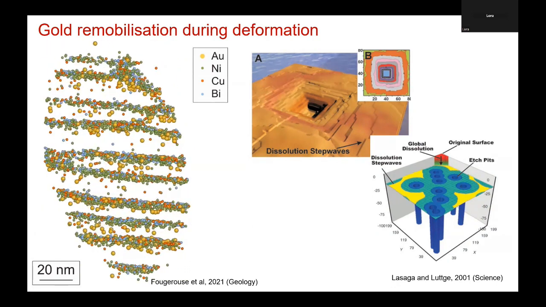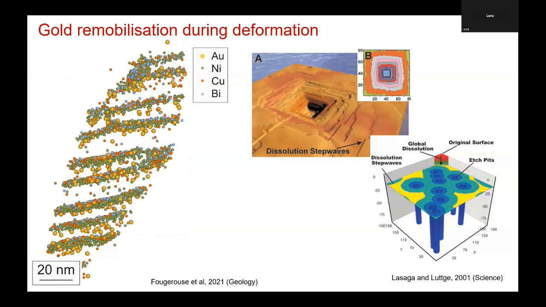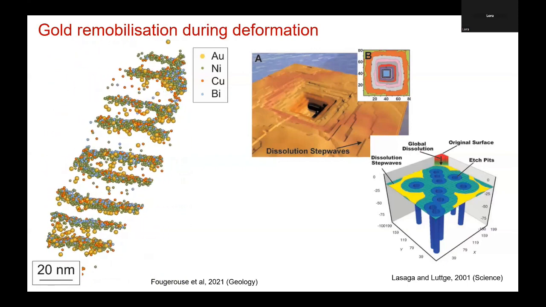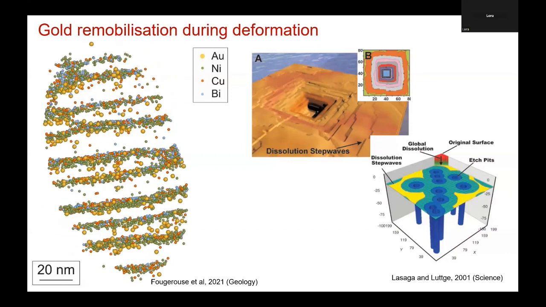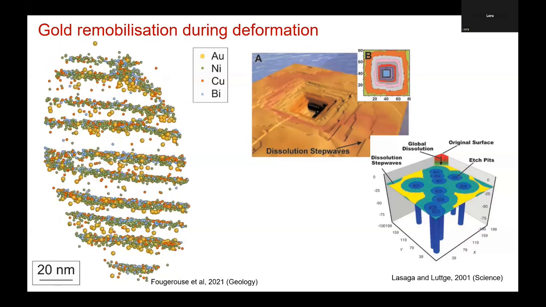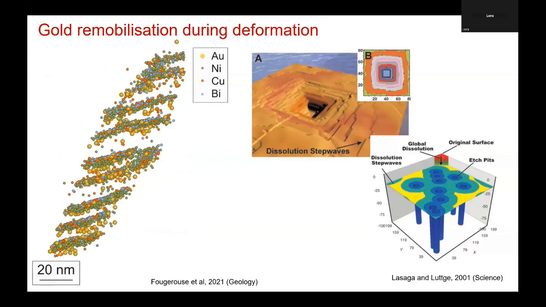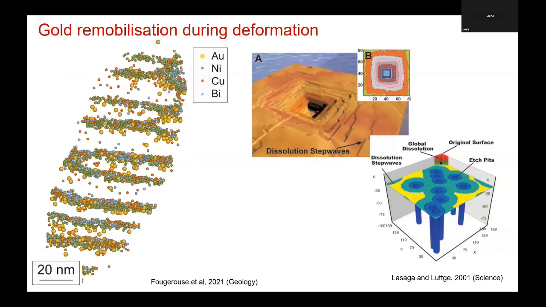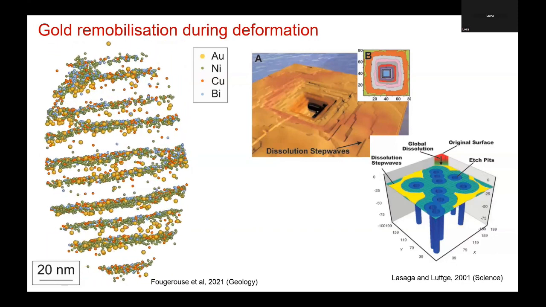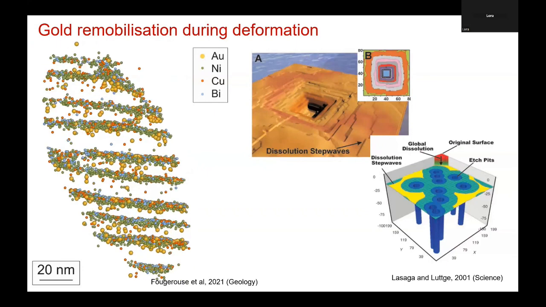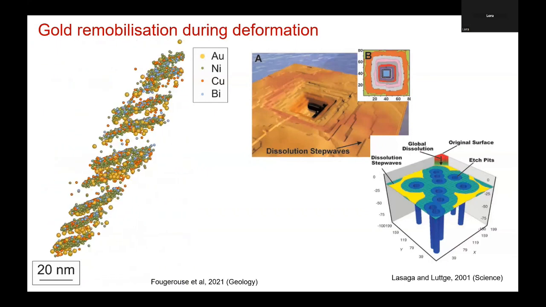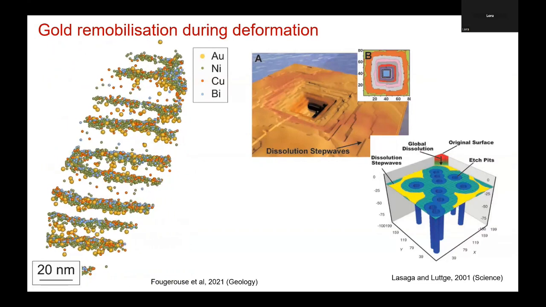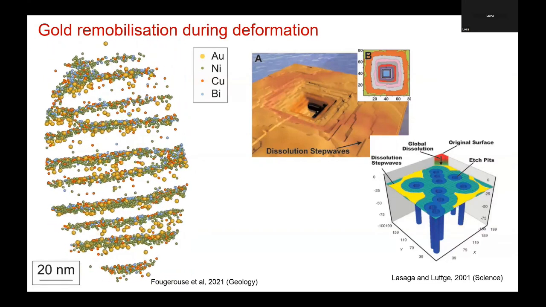It's been a while since we actually knew that dislocations dissolve faster than bulk minerals. This is a nice study by Lasaga and co, where they did some modeling and experiments, and they show that this pit there was where a dislocation was. And in an acidic solution, I think this was the case of calcite here, the rate of dissolution of our dislocation was much faster than the bulk of our crystal.